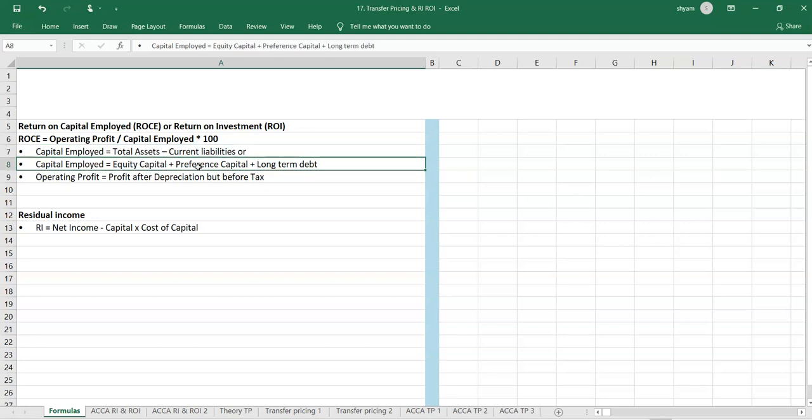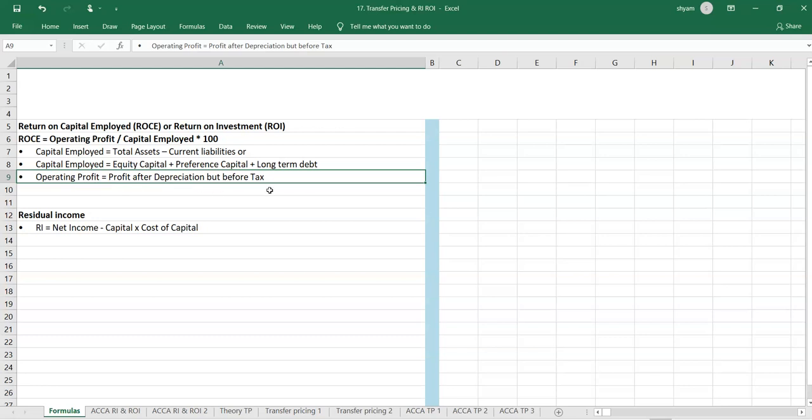Why we don't include current liabilities in capital employed is that current liabilities is funding we get from outside third parties. It can be from the suppliers, we get payables. So we don't take current liabilities into account here. And operating profit equals profit after depreciation but before tax.